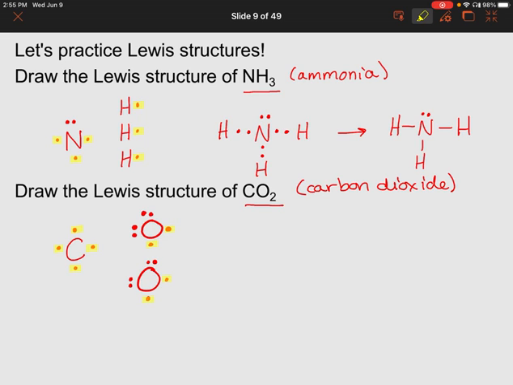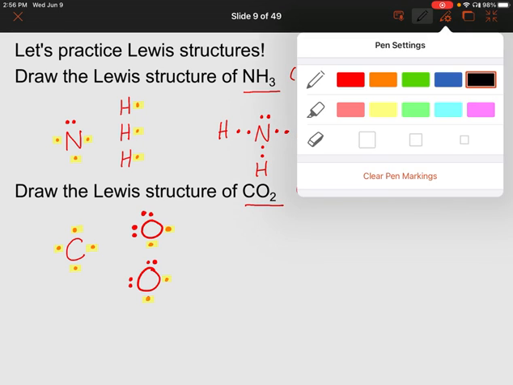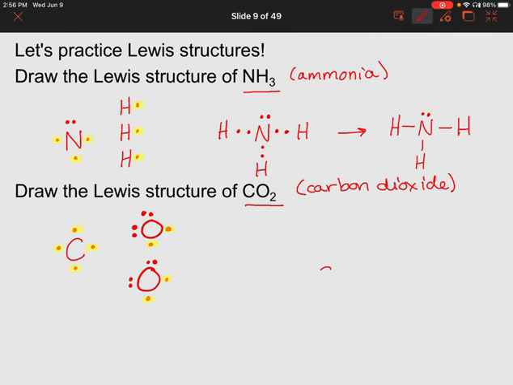So I think what I'm going to do is try to pair up as many electrons as I can initially. So let's put carbon in the middle. And the reason that I know carbon goes in the middle is it's by itself and it can make the most bonds. Similar to up above with nitrogen, I knew nitrogen went in the middle because it was by itself and it could make the most bonds, which was 3.